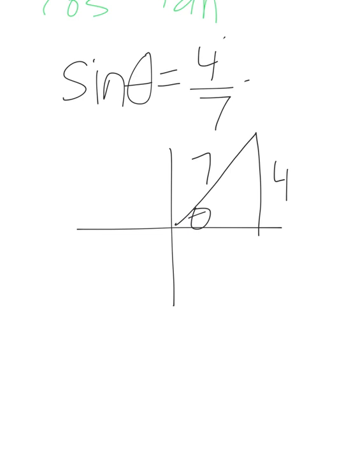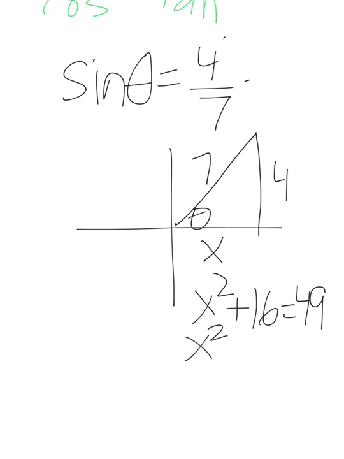So in this case, our missing coordinate is the x. So to find x, we're going to use the Pythagorean theorem. So x squared plus y squared equals r squared, which in this case is 49. And then we have x squared equals 33.